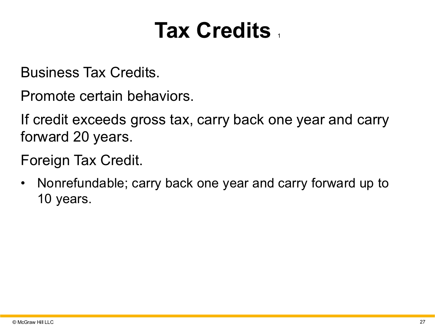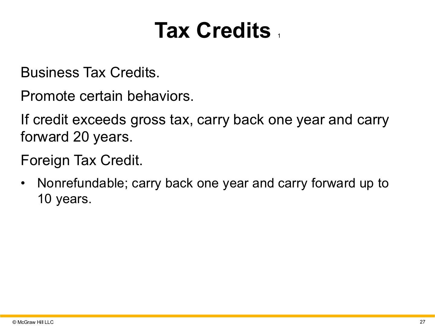The last category of credits that we are going to talk about in this video is the business tax credits. So these credits exist to promote certain types of behaviors for businesses. So for instance, there is a research and development credit that encourages businesses to spend money to develop new technology or research new ideas.